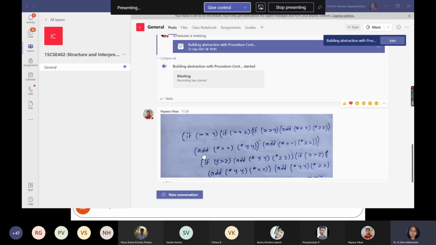Did you get it, ma'am? Somewhat. You are adding here. For add, there is a plus, no? Why are you writing add? So x square plus z square, and then x square plus y square. Something is wrong.